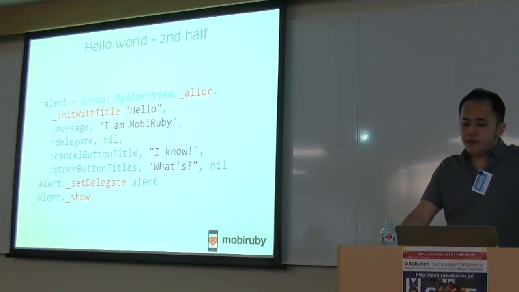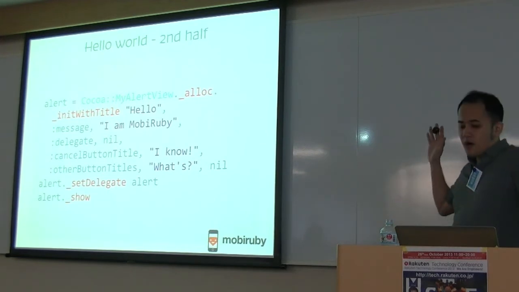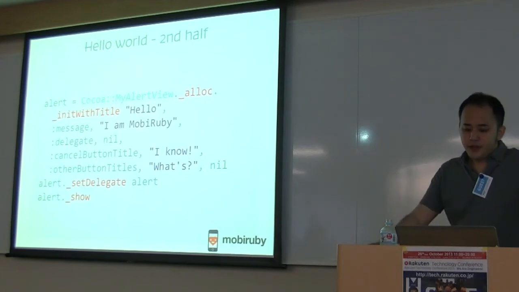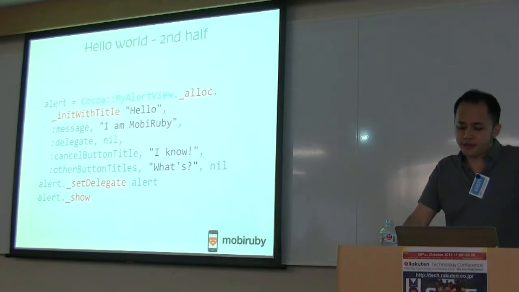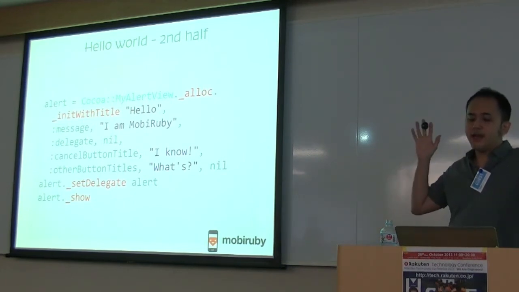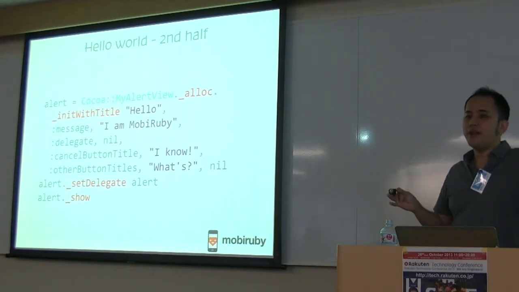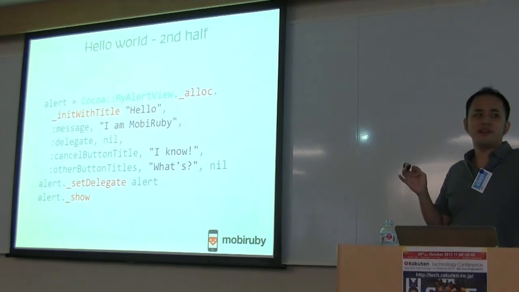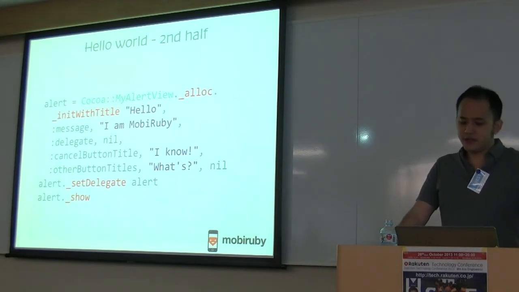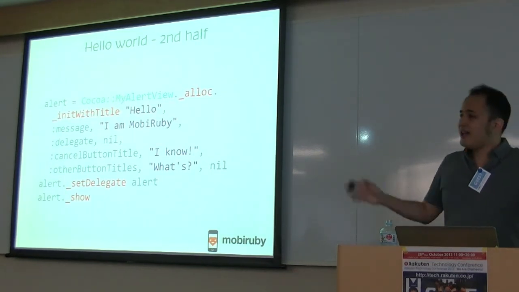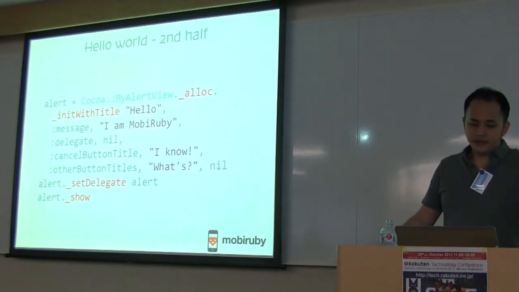On the current version, if you want to create an iOS application on MobiRuby, you need to understand Objective-C and the Cocoa libraries as well as the Ruby language. You need a lot of technologies. Almost all iOS developers do not know the Ruby language, and Ruby programmers don't know Objective-C. I think it is not good.